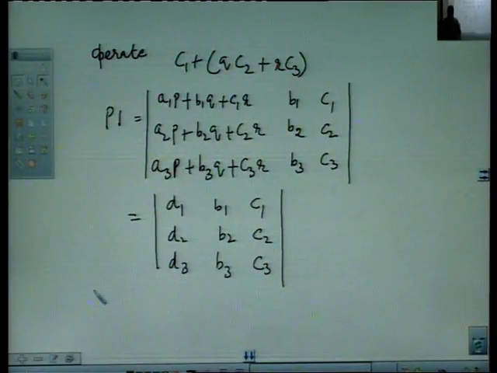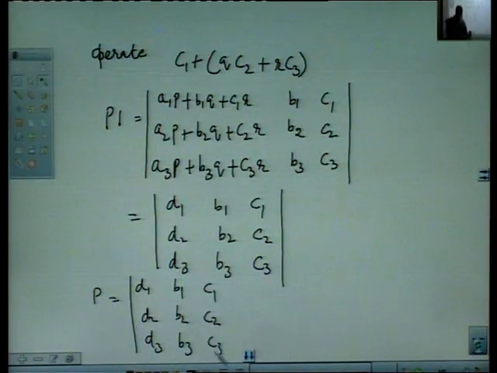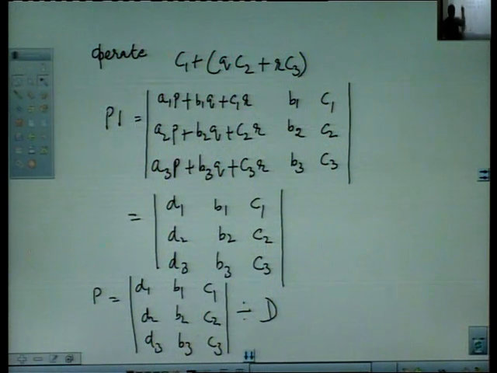And now P is equal to the determinant D1, D2, D3, B1, B2, B3, C1, C2, C3 divided by D. This is our PD.